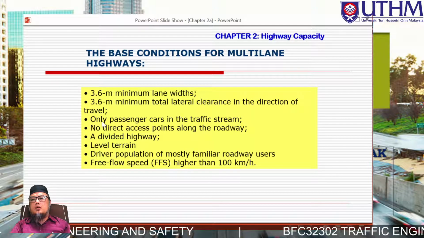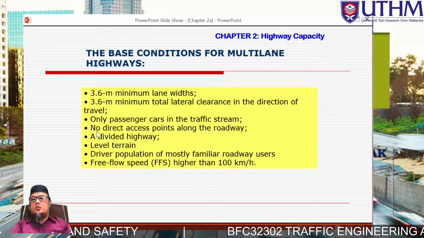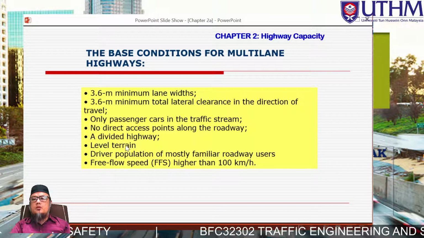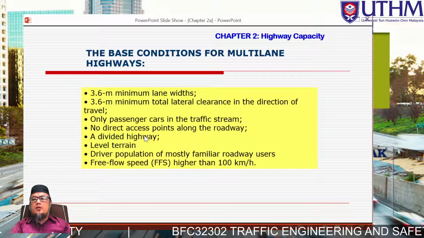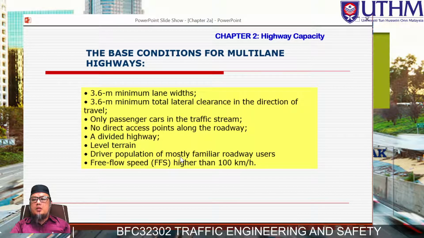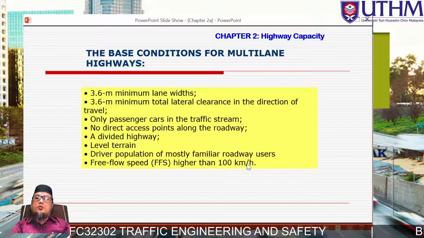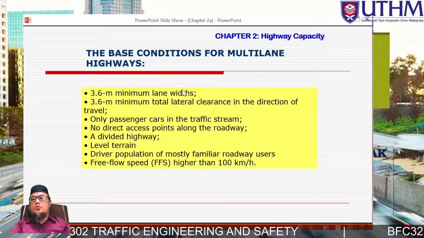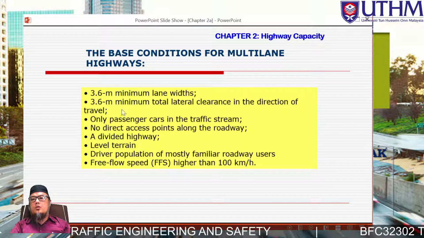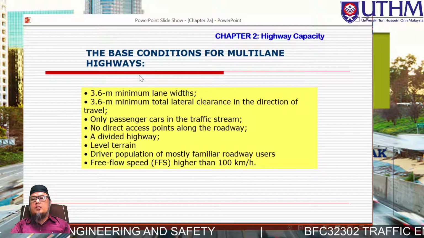Okay, assume passenger cars in the traffic stream, no direct access points along the roadway, a divided highway, level terrain, a driver population mostly familiar with the road, and a free flow speed higher than 100 km per hour. So this is actually the higher or ideal condition to provide a multi-lane highway facility.